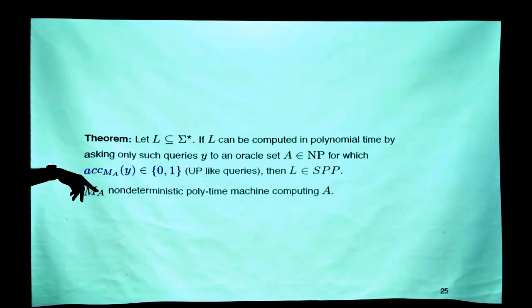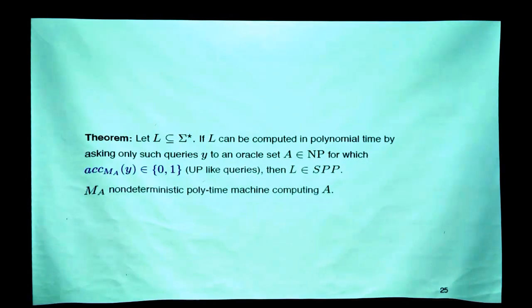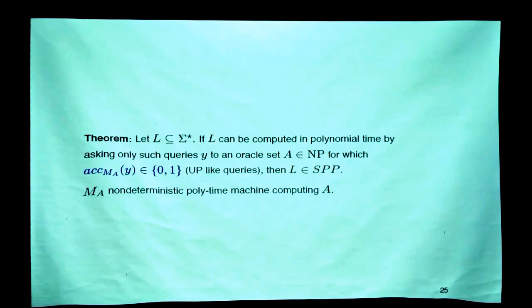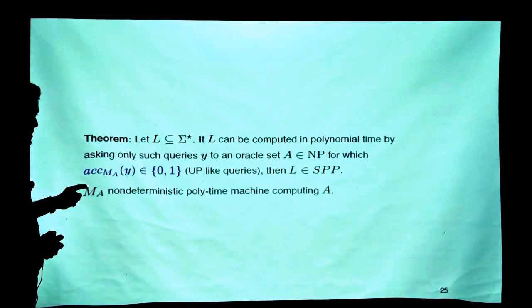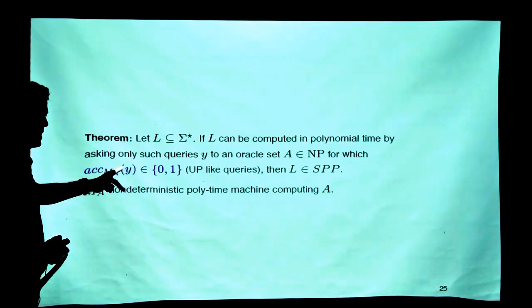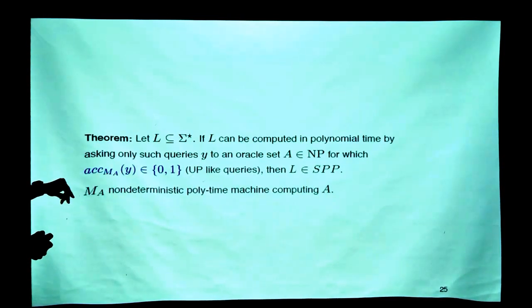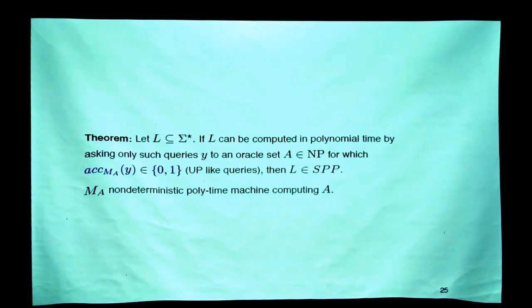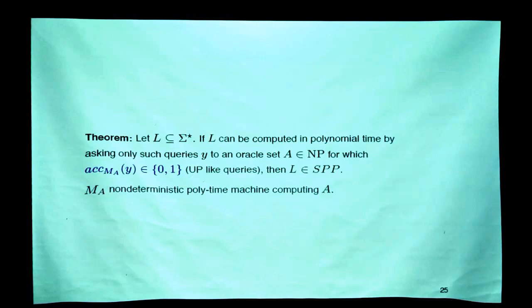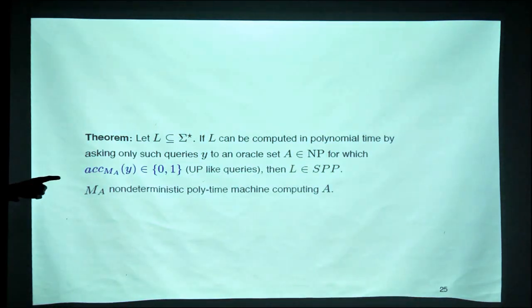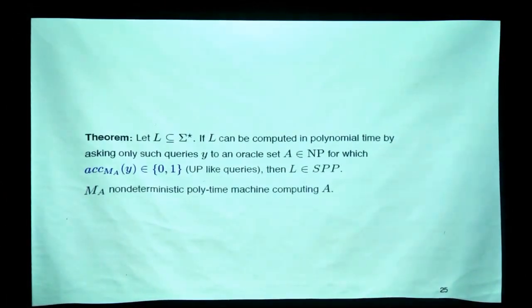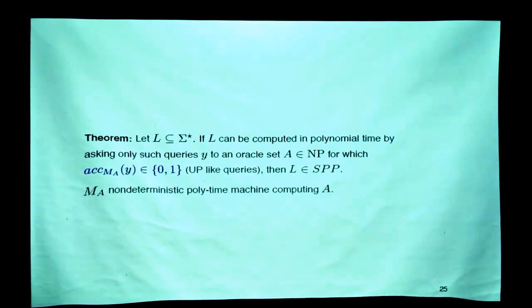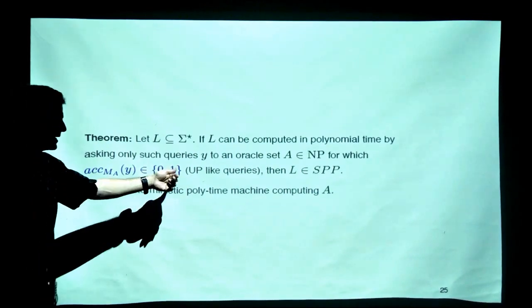In order to show that something is in SPP, it is enough to make a computation, like a Turing reduction, with queries to an NP set, in which the queries are always like queries to a UP set.